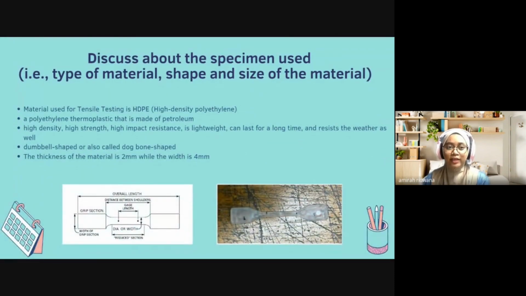So for question 2, we need to discuss the specimen we use. The material used for the tensile test was HDPE, which is high density polyethylene. HDPE plastic is a polyethylene thermoplastic that is made of petroleum.